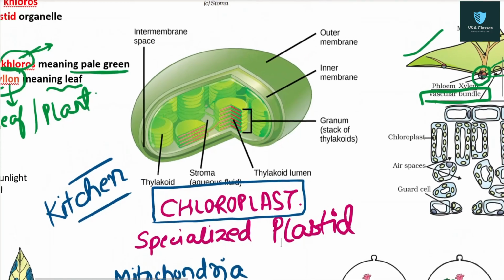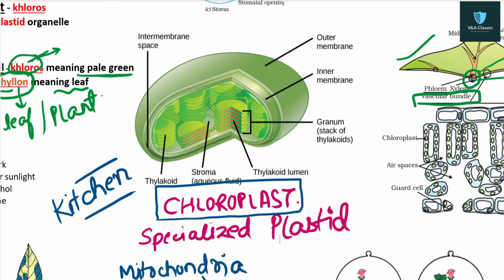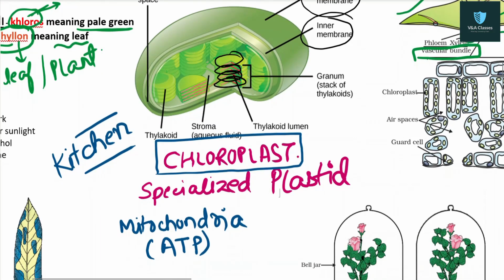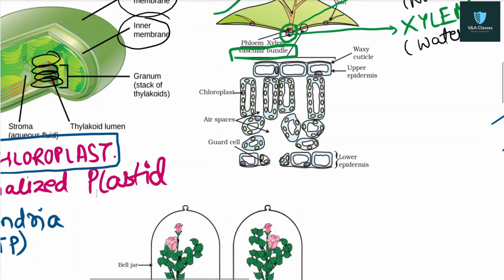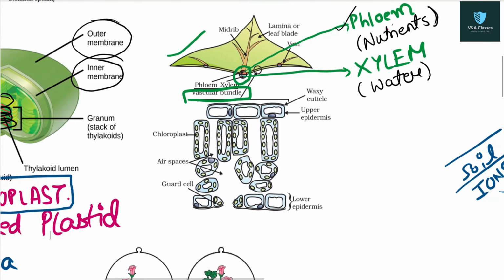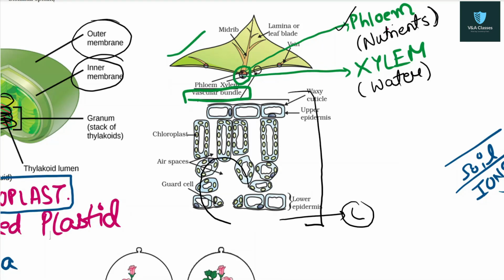So this is a magnified version of that chloroplast. You can see, similar to the mitochondria, it will have an outer membrane, inner membrane, and then it will have these stacks which will contain the chlorophyll. In this diagram which we saw, we can also see these chloroplasts. This is the cut section of a leaf. This is the lower part. This opening is the stomata.